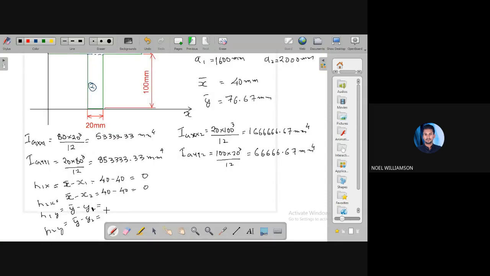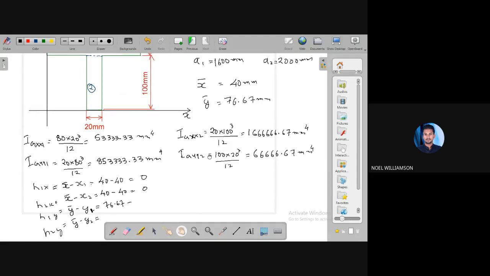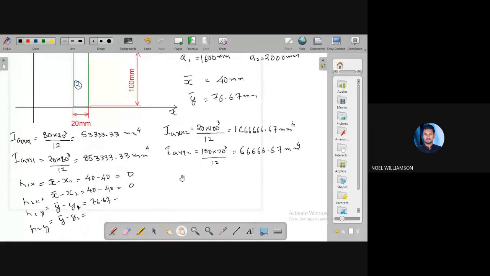Now y bar minus y1, that is 76.67 minus y1. y1 is 110. You will get a negative value, that is H1y is minus 33.33 mm.